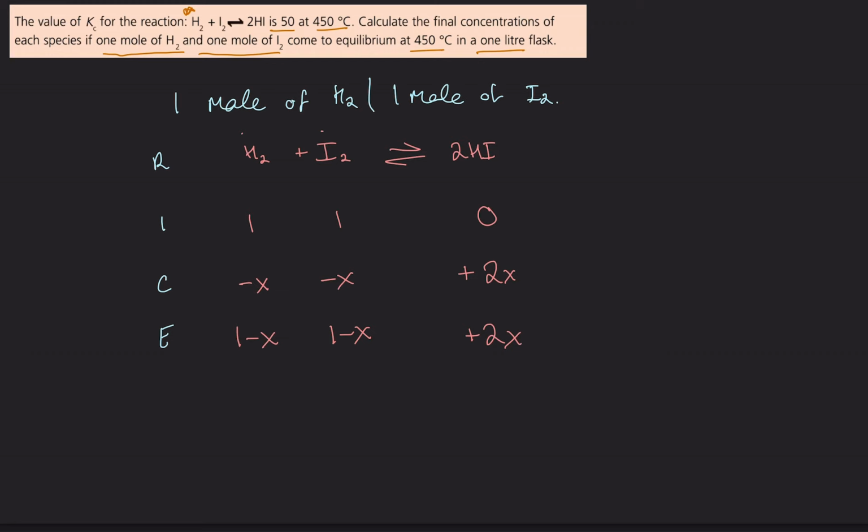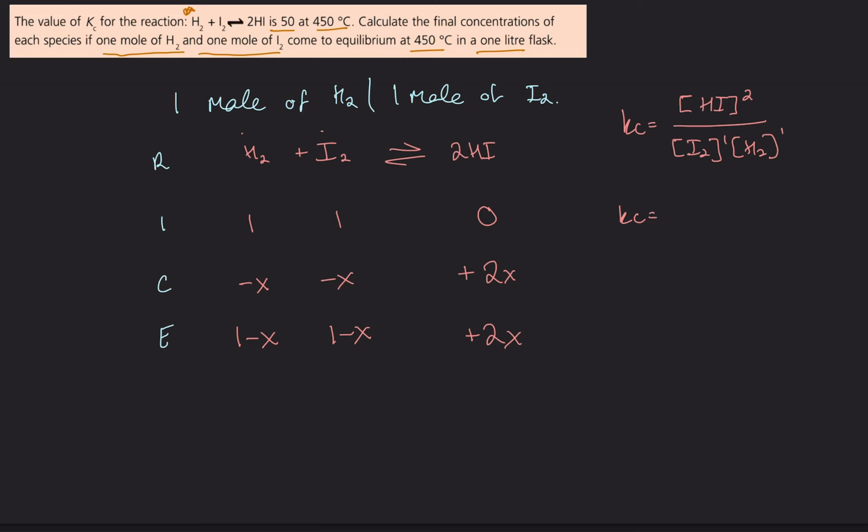Now we need to put it into our equilibrium constant formula. So again, the products first, hydrogen iodide concentration to the power of the coefficient, which is now 2 this time. Iodine to the power of 1 and hydrogen to the power of 1.